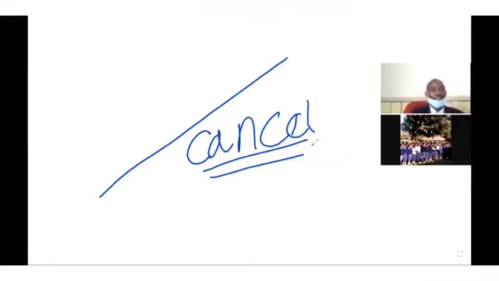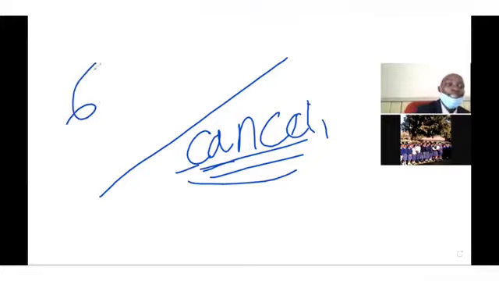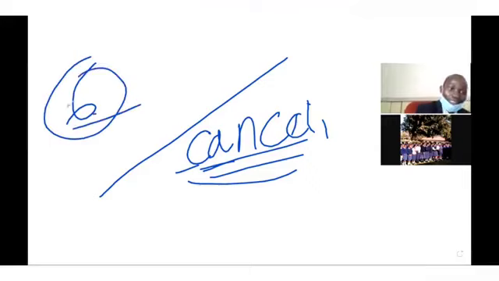Even if you have cancelled it by mistake, it will not be marked. So be careful as you cancel the points that you think you do not want. And if you are to give 6, ensure they are 6. If you write 7, cancel one of them to ensure they are 6.